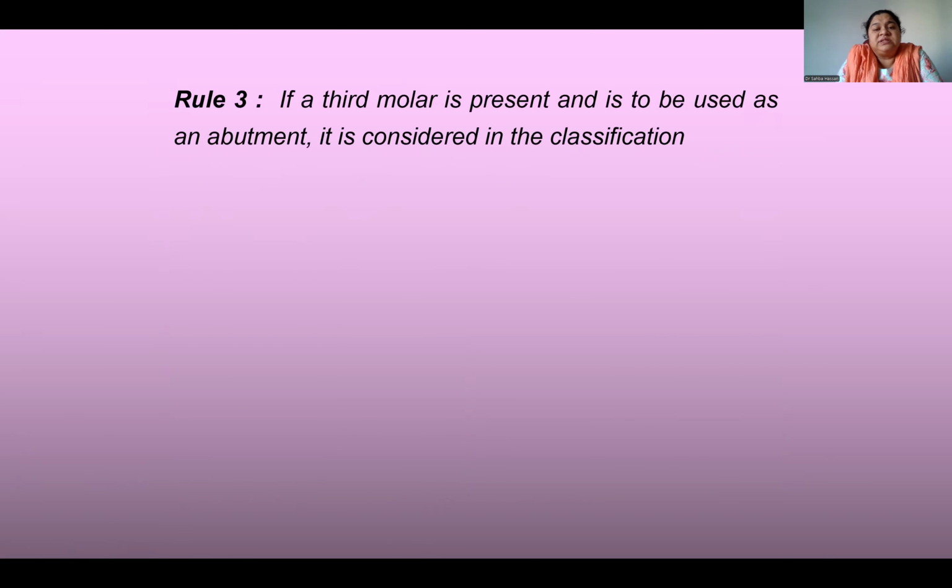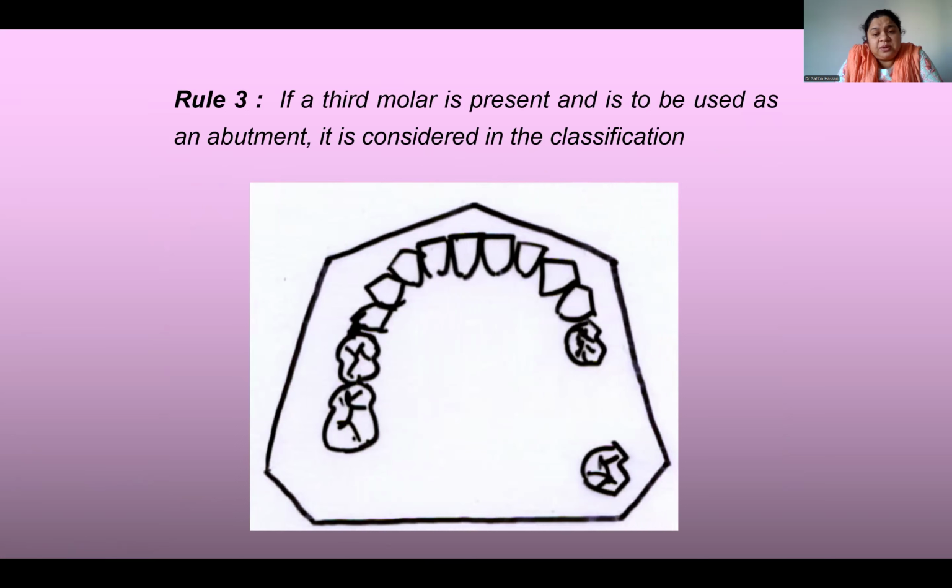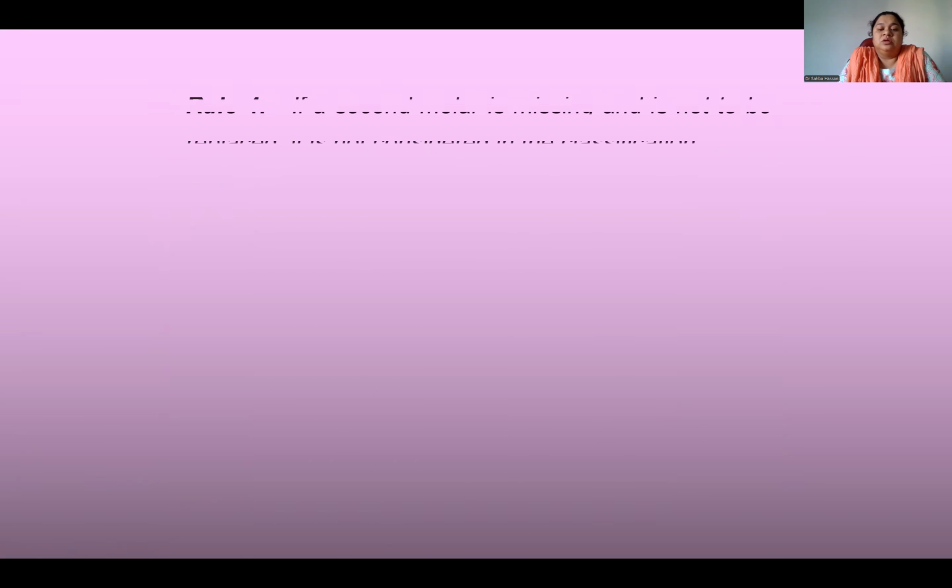If a third molar is present, then it is to be used as an abutment, and it is considered in the classification. If we are using the third molar as an abutment, then this will be class 3. We will not imagine, oh, we'll extract it. That's why the classification should follow extraction rather than precede it. If it is there, it is there. If it is extracted, then it becomes class 2.